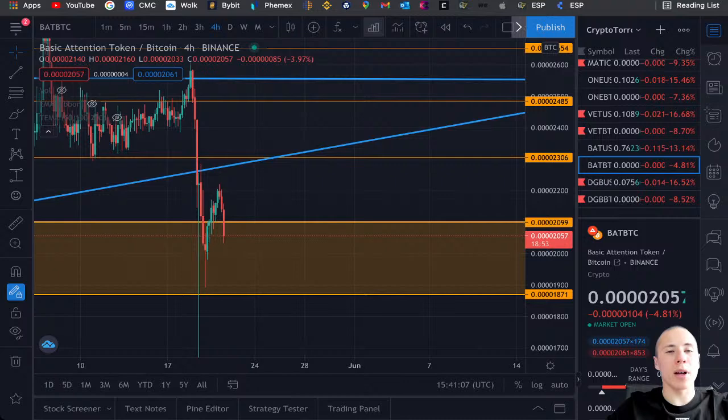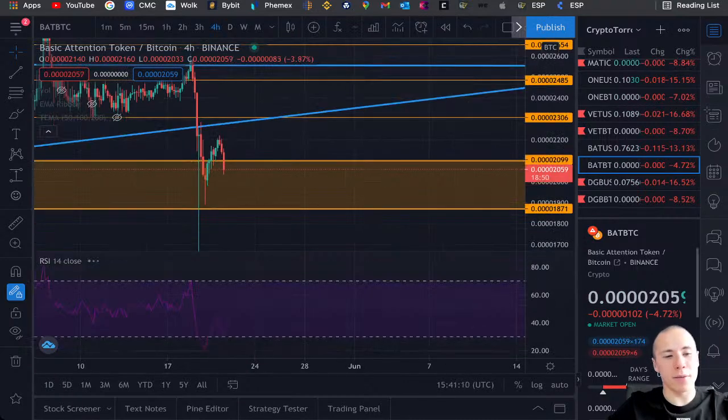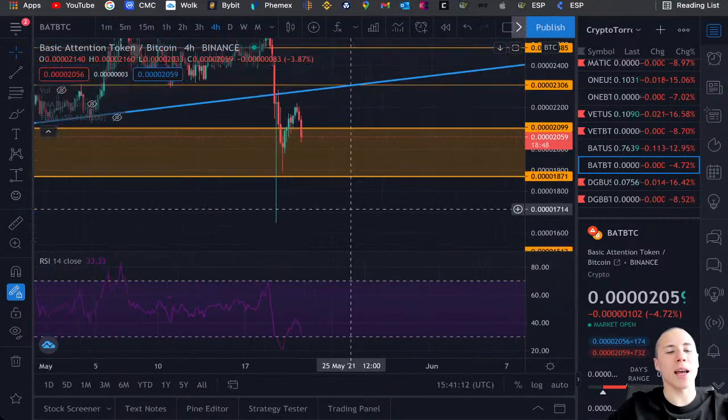So let's take a look as well at the relative strength index to see what it is actually indicating.